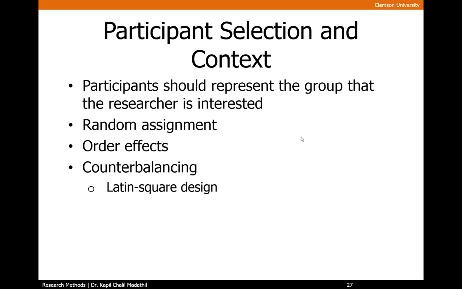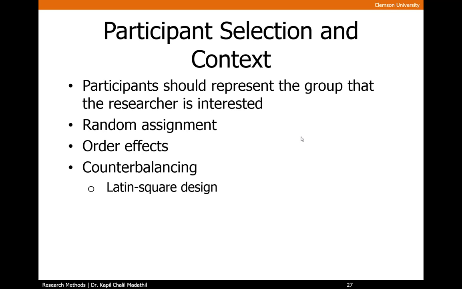In contrast, if the cursor control task is new to the participant, he or she might show learning and actually do best on the fifth device tested, not because it was better, but because the cursor control skill was more practiced. So these order effects of fatigue and practice in within subjects designs are both potential confounding variables. Hence, you need to have interventions in place primarily to minimize these things.